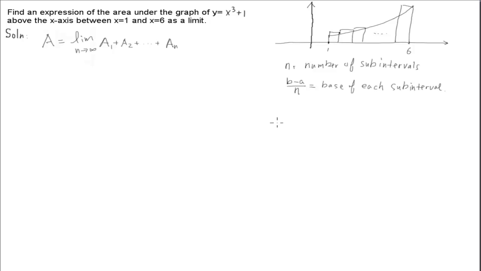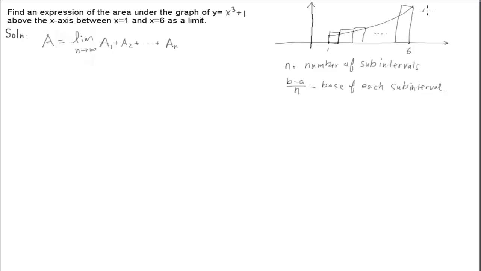So we know how to calculate the area. We just need to use this base and multiply it by this height. And we are going to use the right end point to calculate this height.